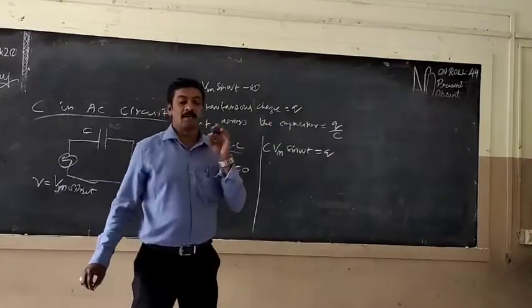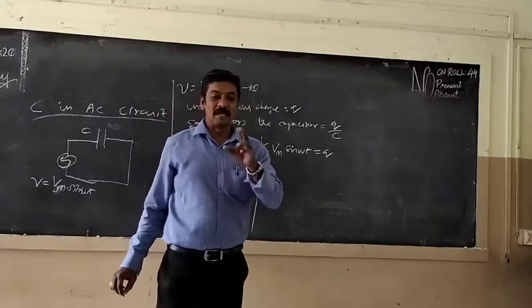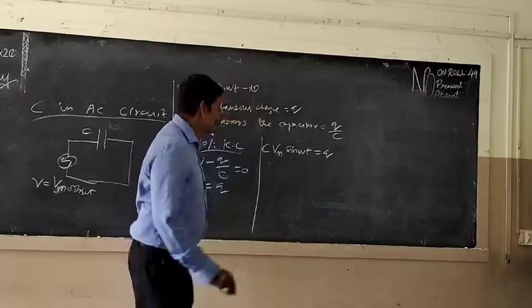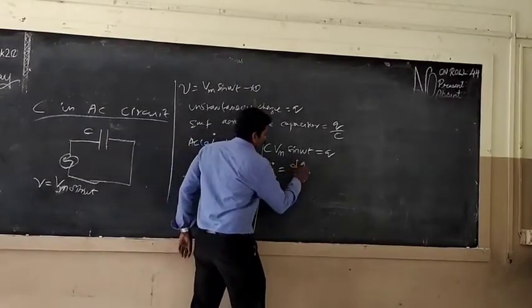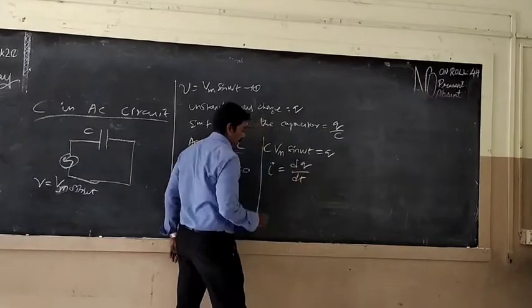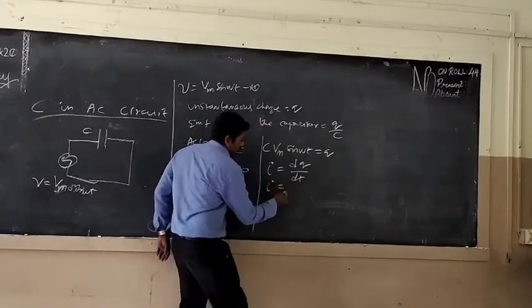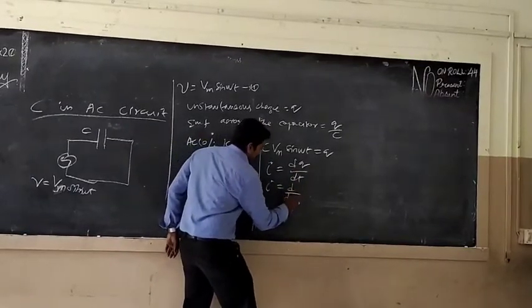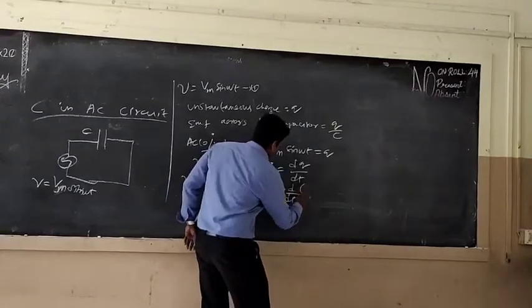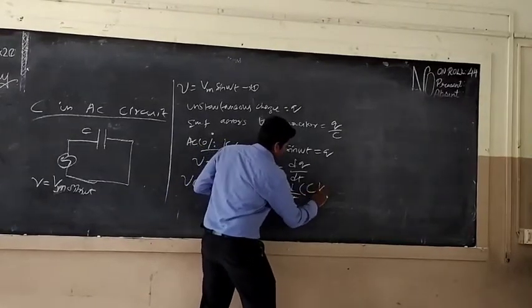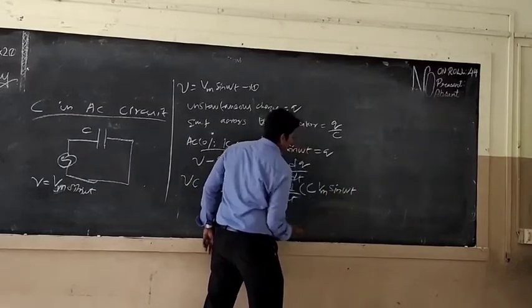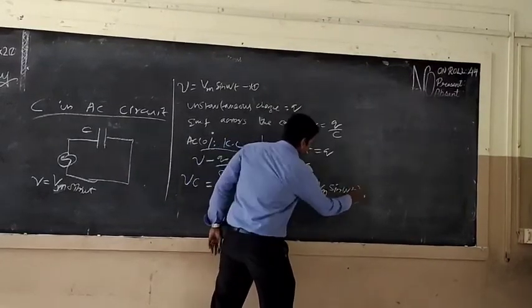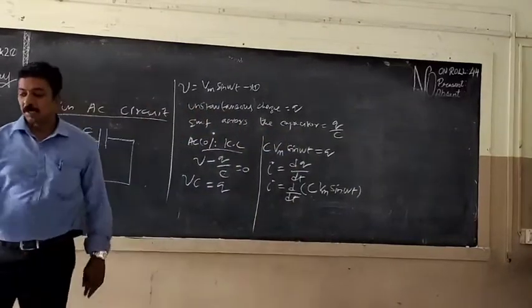We know the current definition: I is equal to dq by dt. Here, I is equal to d by dt of Q, where the Q value will be C Vm sin omega t. That's very important.